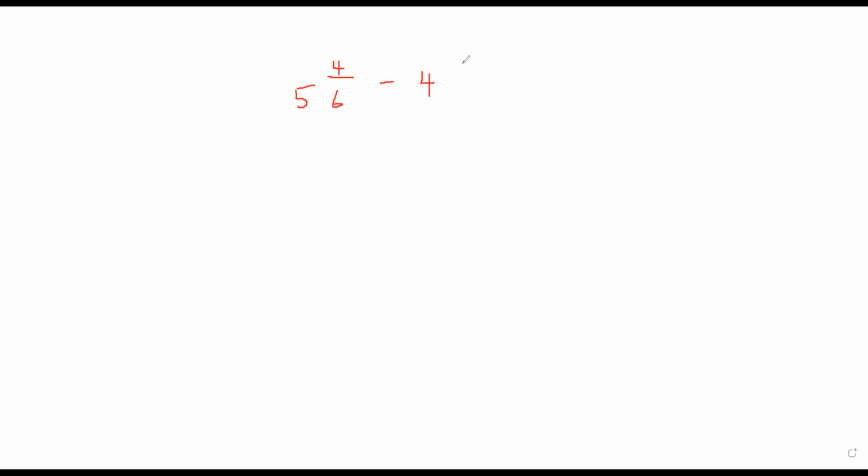We have 5 and 4 over 6 subtract 4 and 2 over 3, all upon 3 and 2 over 3. So we work this here quickly.